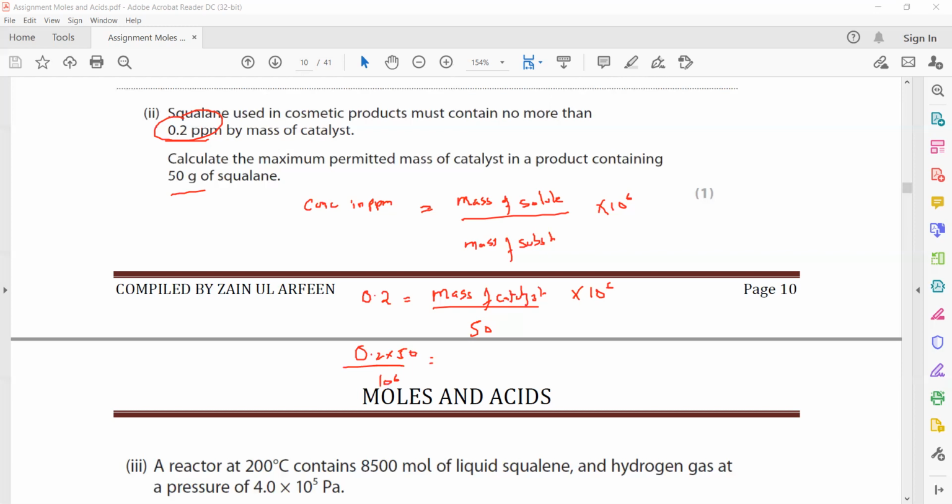What's the answer for the permitted mass of the catalyst? 0.2 into 50 divided by 1 million.